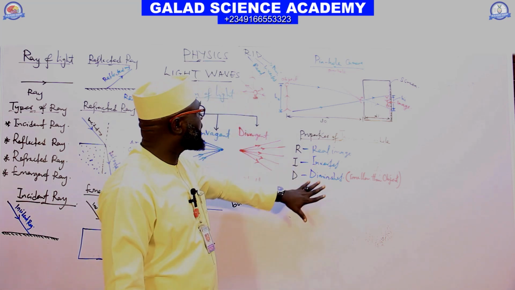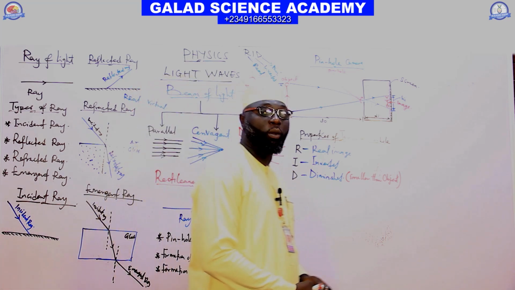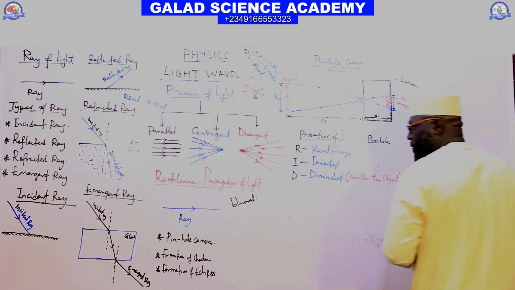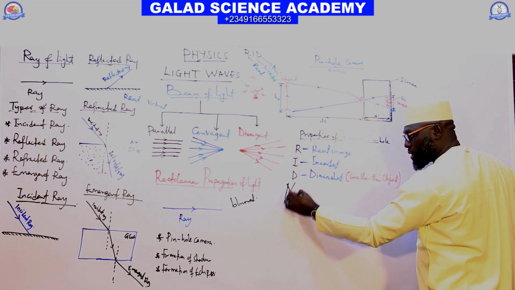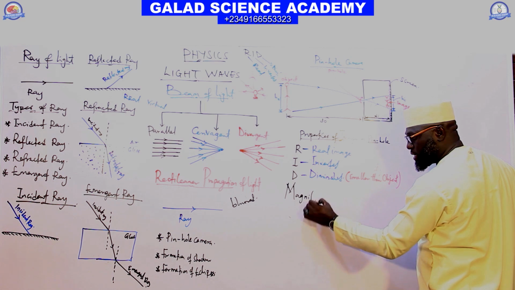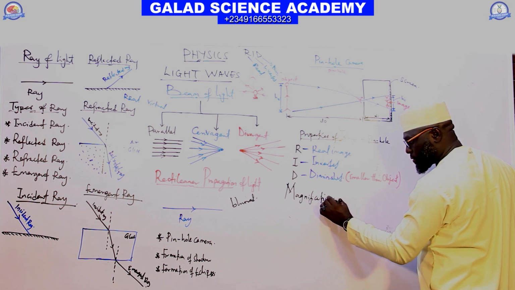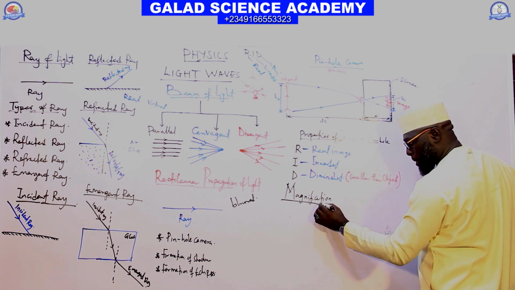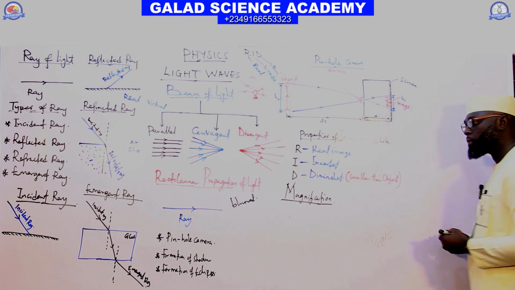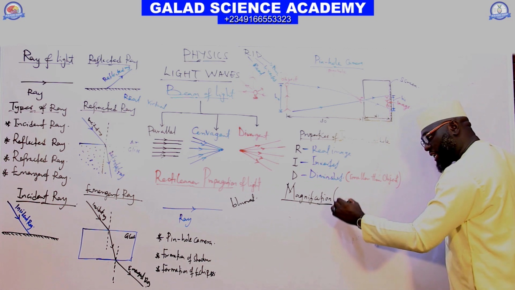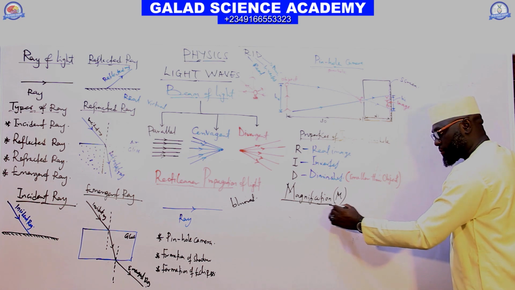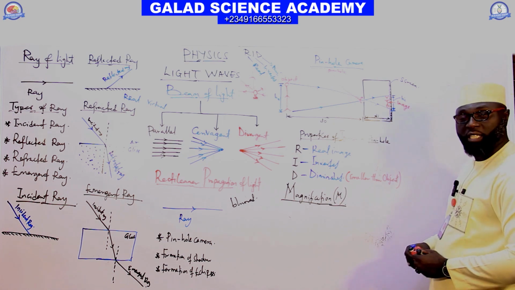So the next thing we need under this pinhole camera is what we call magnification. And the symbol for magnification is M. So what is magnification?